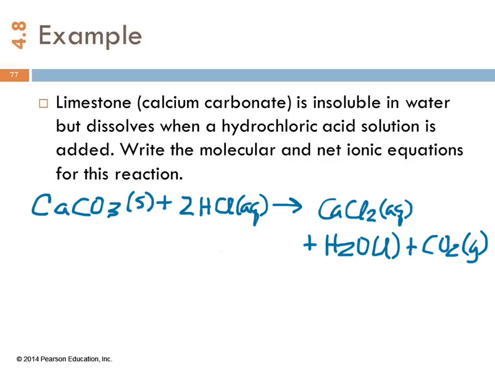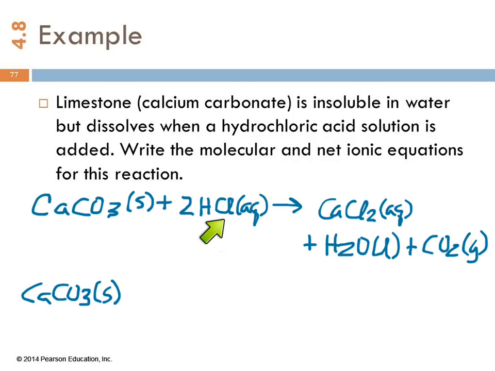That's our molecular equation. Now we need to write a net ionic equation. So we learned how to do this yesterday. So are we going to split this calcium carbonate into ions? No, because it's a solid. So we'll just copy that guy down. Calcium carbonate, solid.